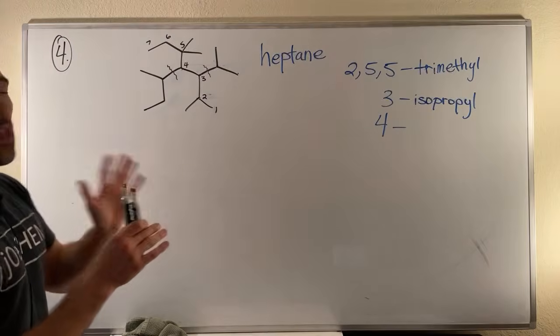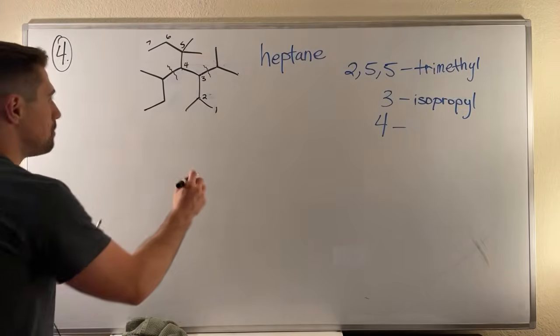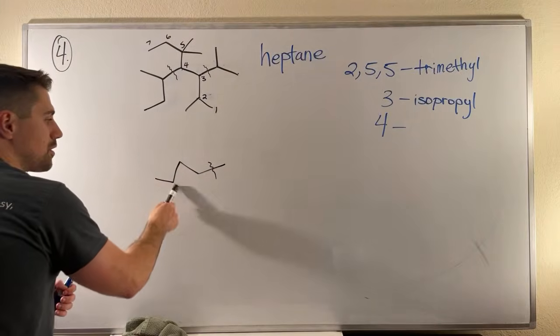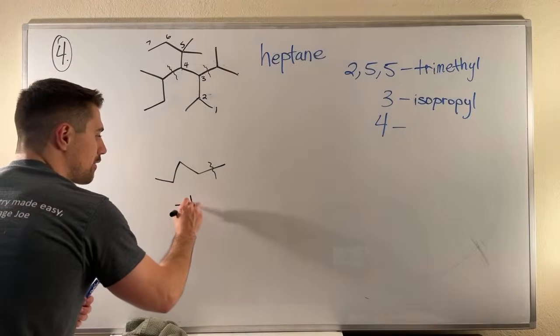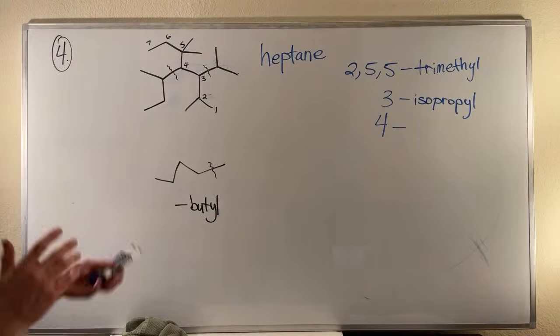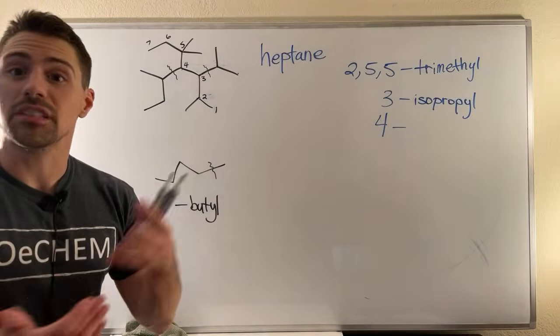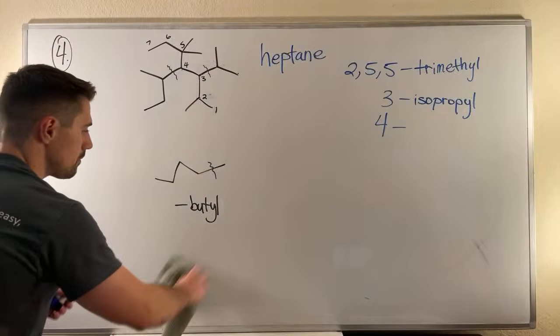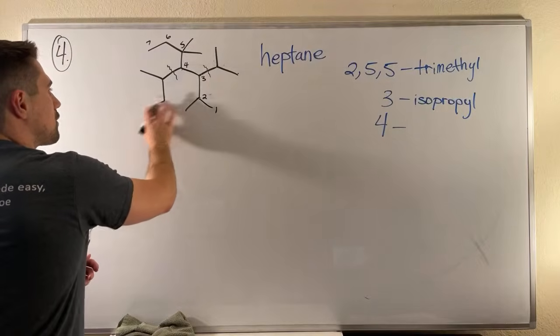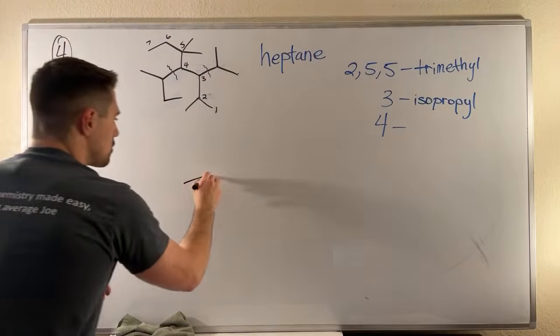The way it's drawn kind of looks funky, but I promise you, if you had something like this, 1, 2, 3, 4, you would call this butyl. Now remember, we have extra common names for different types of 4 carbon chains. And if you can believe this, if I actually redrew this, it looks a lot like this.